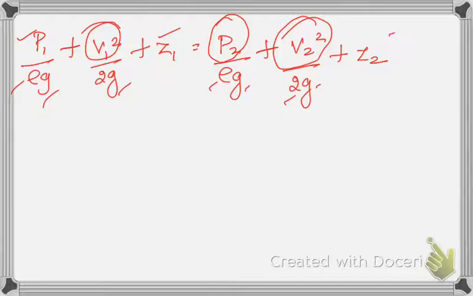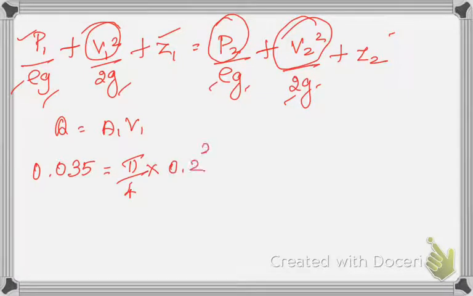Again, I have to apply my continuity equation, that is Q is equal to A1 V1. So Q value is known to me, which is 0.035, and A1 is pi by 4 into D1 squared, that is 0.2 squared, into V1. So my V1 value will be equal to 1.114 meter per second.